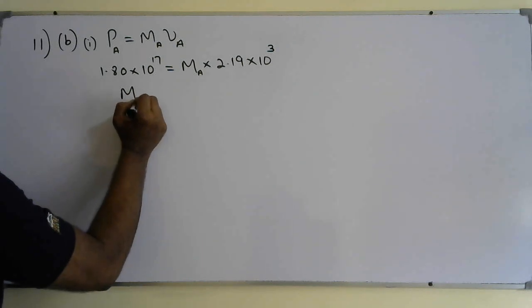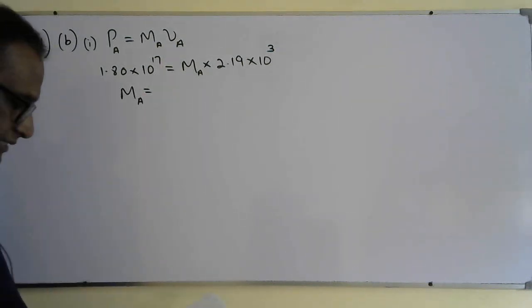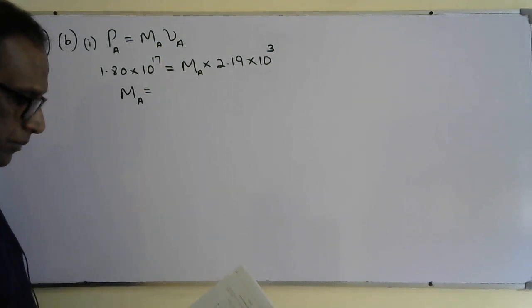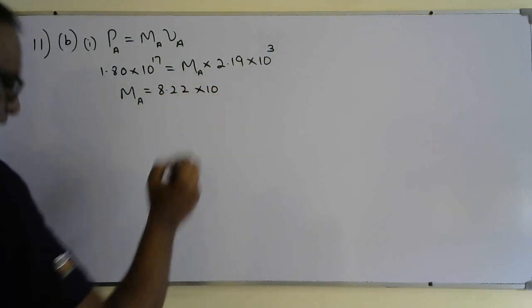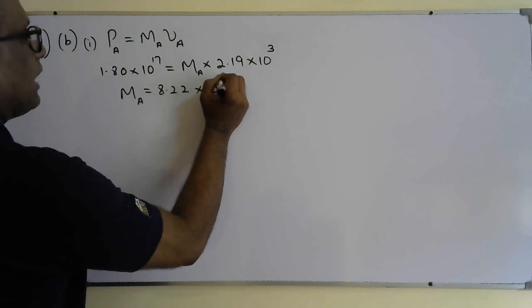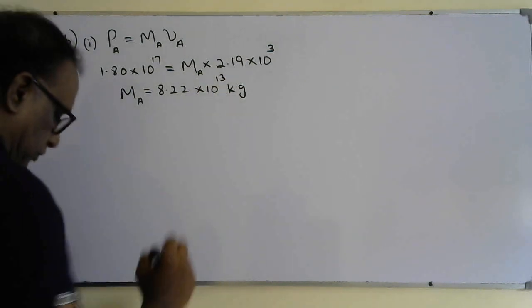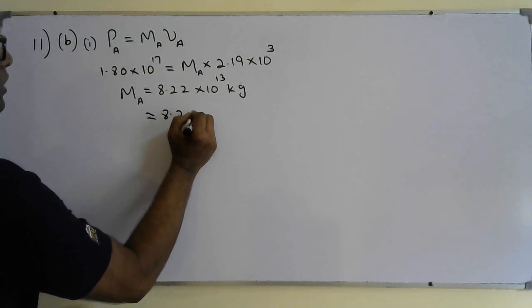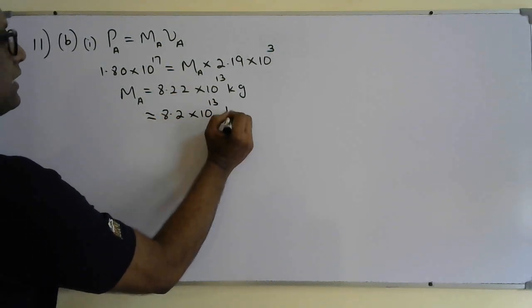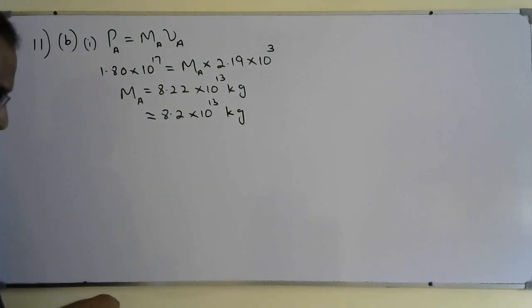So from it, mass of A, which is constant before or after collision, will be 8.22 × 10^13 kilograms. So they asked to show it's approximately equal to 8.2 × 10^13 kilogram. Okay.